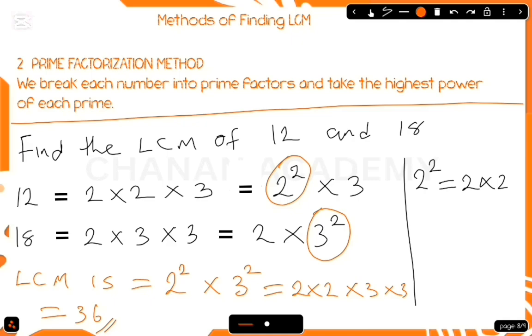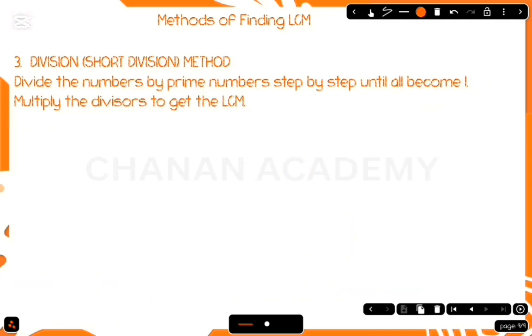All right, so let's move on to the next method, the short division method. The division method divides the numbers by prime numbers step by step until all become 1, and then we multiply the divisors to get the LCM. Let's take some example.